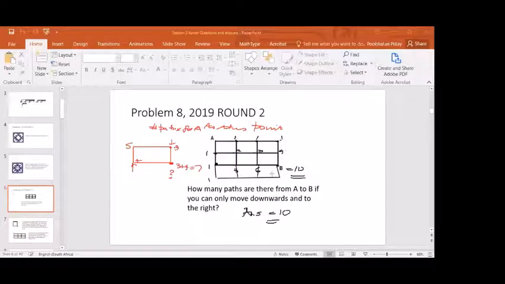Now if I want to get to this point here, I'm changing the question. The answer is 10, but if you had a slightly more complicated problem, you can do the same thing: 3 plus 1 is 4, 6 plus 4 is 10, 10 plus 10 is 20. And I can assure you that if you try to do it by counting the number of paths from A to this point, it's very unlikely you're going to get to 20, because you'll get very confused.